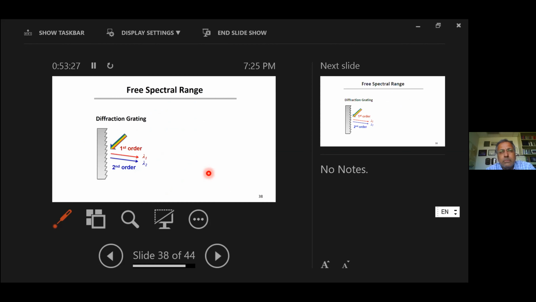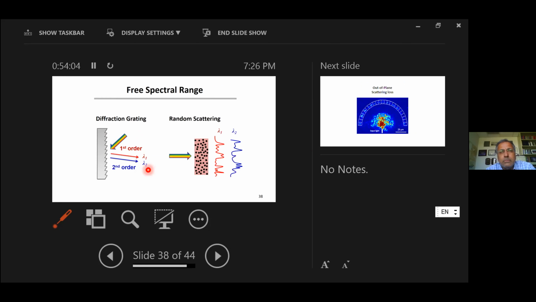Another advantage of this random spectrometer is that we do not have a free spectral range. For a grating spectrometer, if one wavelength diffracts into one angle, then at half of that wavelength, the second order diffraction will go to the same direction. That's why you have a certain range you can measure, because if your wavelength range is larger than this, you cannot distinguish lambda 1 and lambda 2, because they diffract light into the same direction. That's the free spectral range.